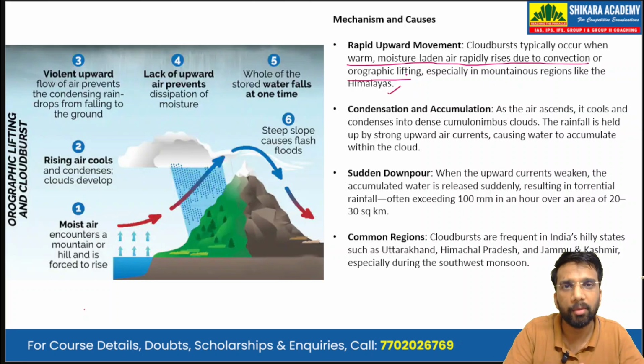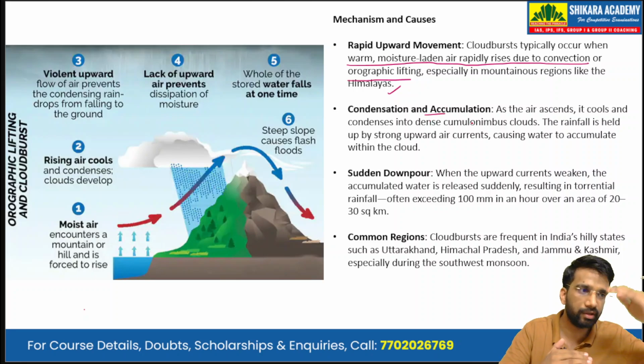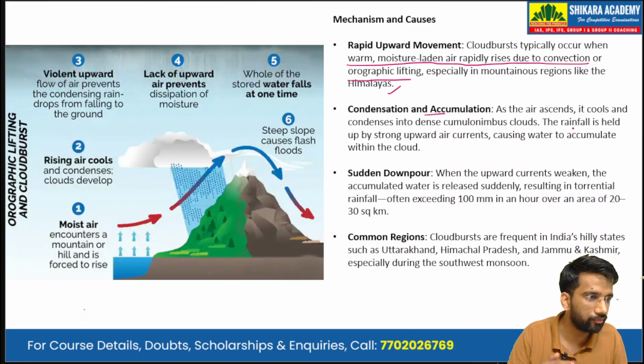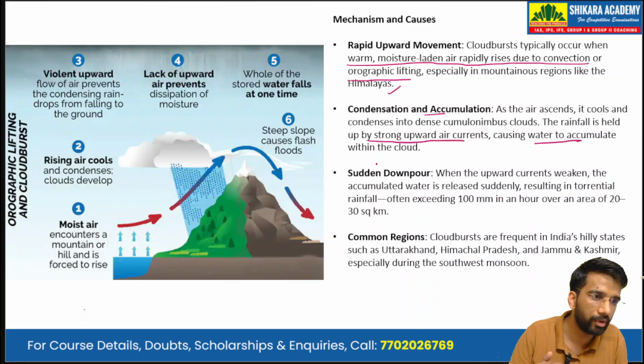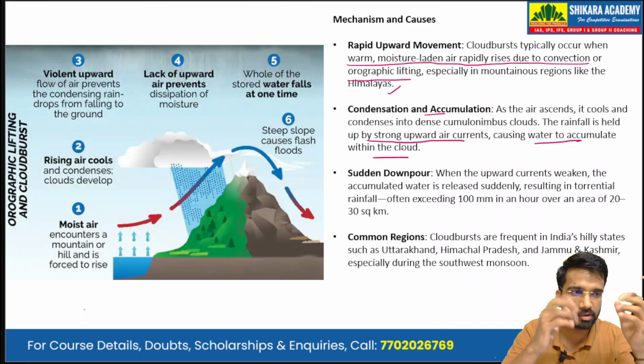In India, the Himalayas are the most prone region for cloudbursts. Then condensation and accumulation. As the air ascends, it cools and condenses into dense cumulonimbus clouds. The rainfall is held up by strong upward air currents, causing water to accumulate within the cloud.